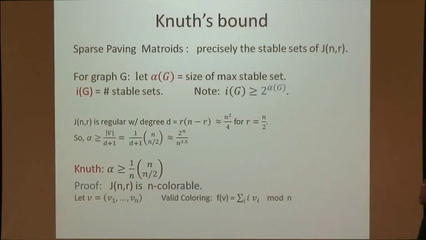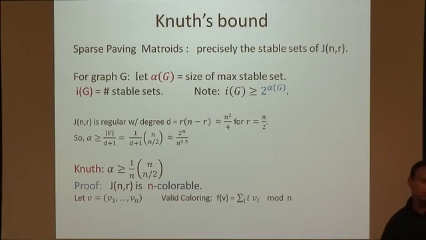So if you can lower bound alpha(G), then you have a good lower bound on the number of independent sets using this. One trivial lower bound is the following. We saw this Johnson graph J(n,r) is regular with degree r times (n minus r), because it's the one swap neighborhood, and when r is n over 2, it's roughly n squared over 4.